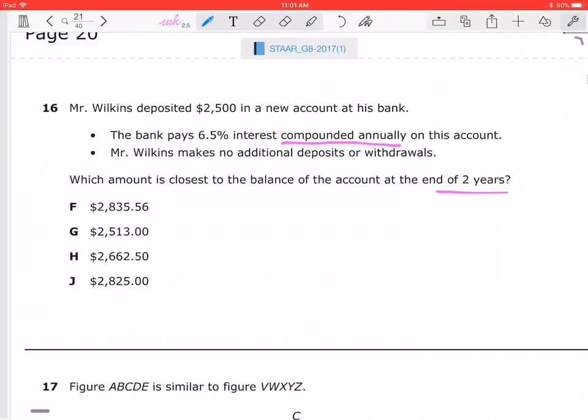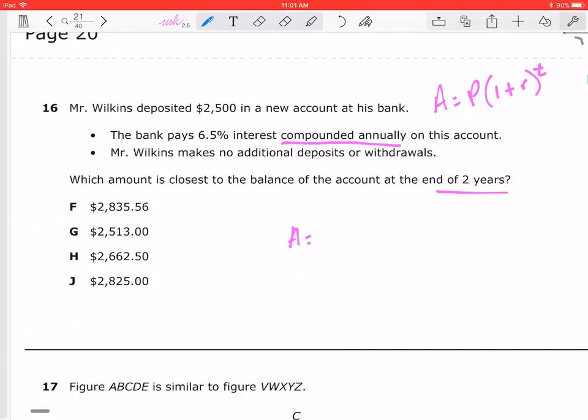So now I'm going to write out my formula. A is equal to P times (1 plus R) to the power of T. Now, my A is the total amount, everything that's included.